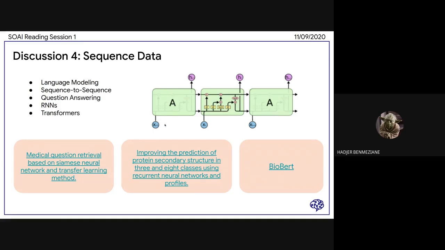Do you have any question in this section, or should we go to discussion number 5? Please don't forget, if you have any question or additional information, just unmute yourself and interrupt me. This is a discussion and not a talk.